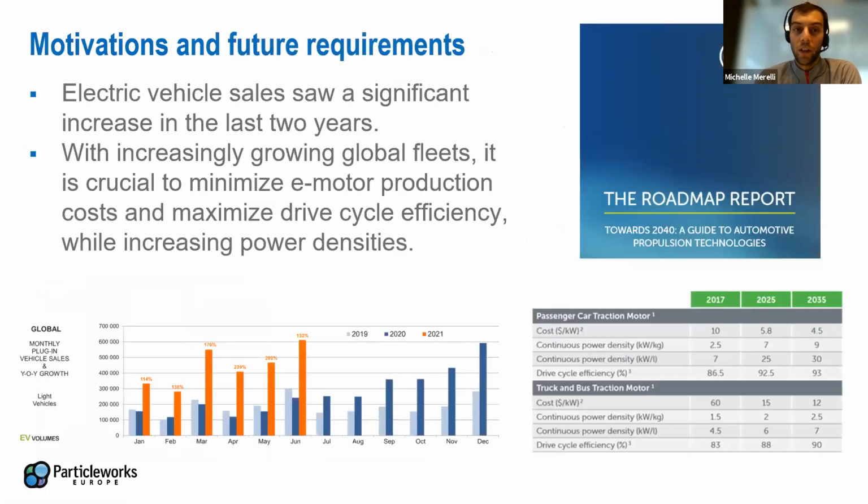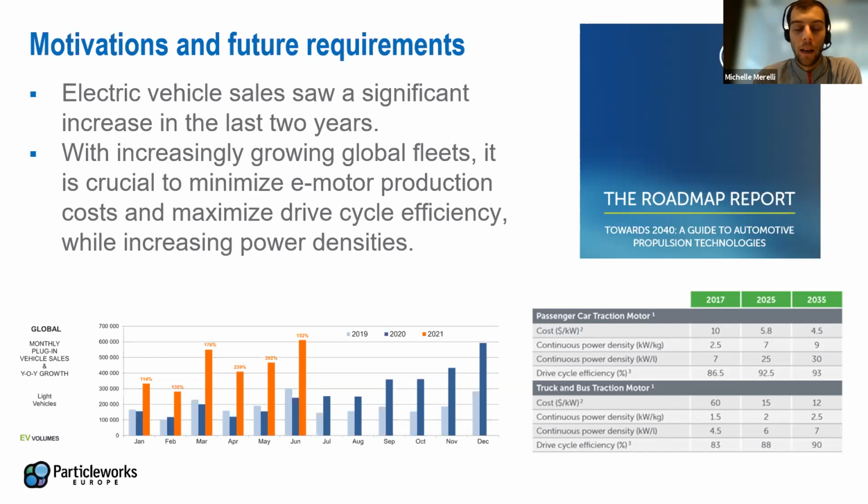So what are the motivation and requirements of the development of e-motors? As we know, the sales of electric vehicles are really reaching a tipping point and, let's say, very high growth.